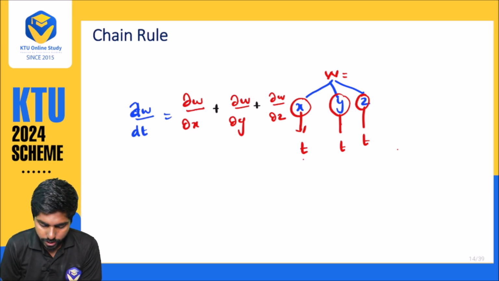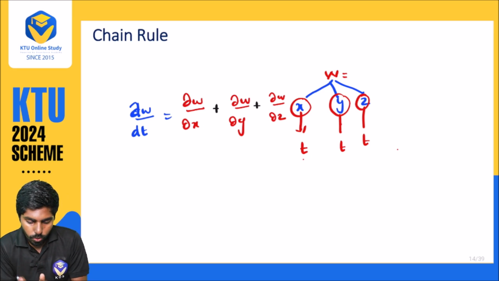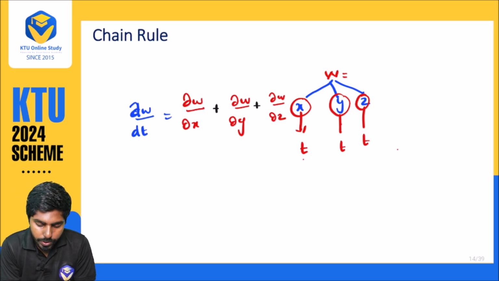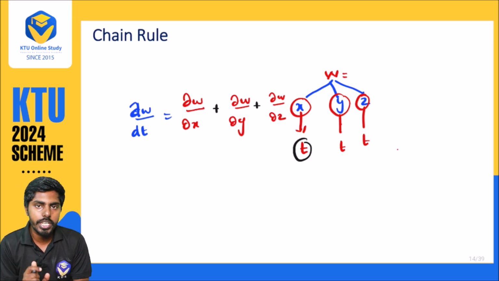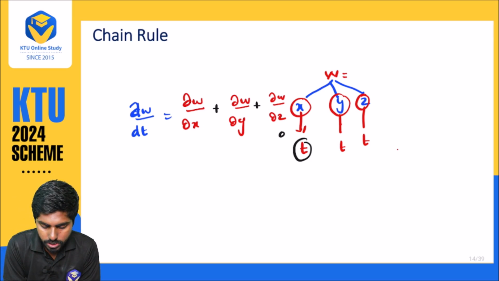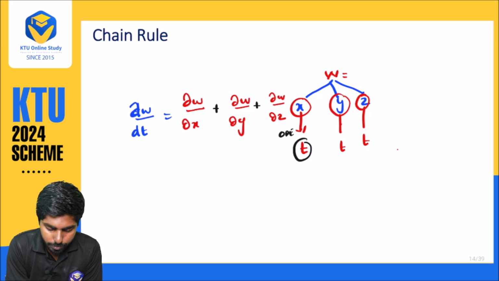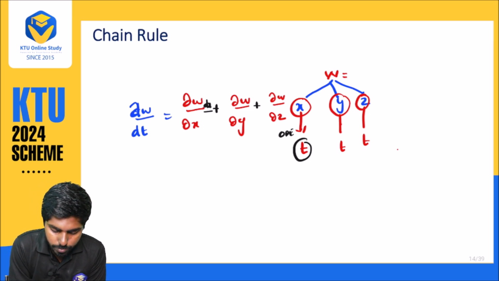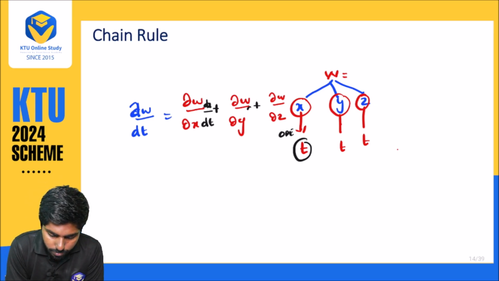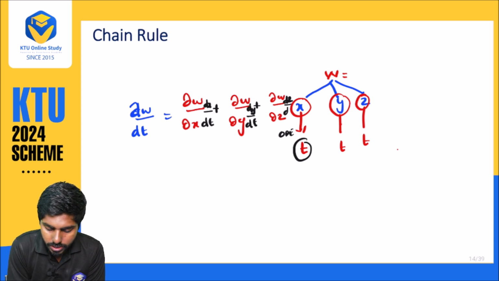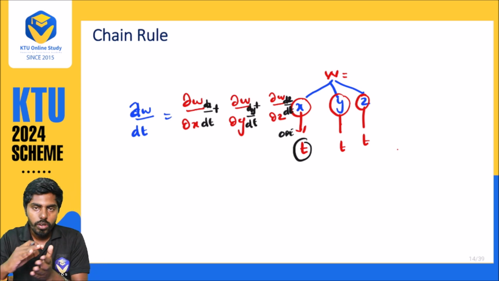Now observe what is happening. x is depending upon a single variable. When it is depending upon a single variable, we take the ordinary derivative. That means here it will become dx by dt. It is depending upon t, so that's the reason dx by dt, and similarly here dy by dt and dz by dt.